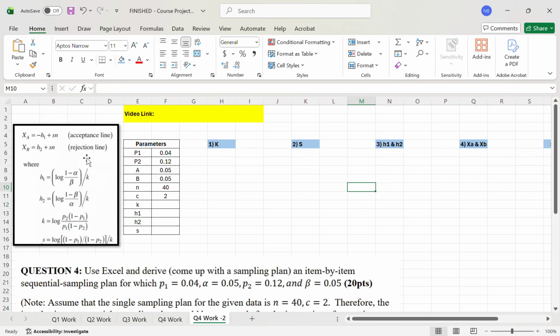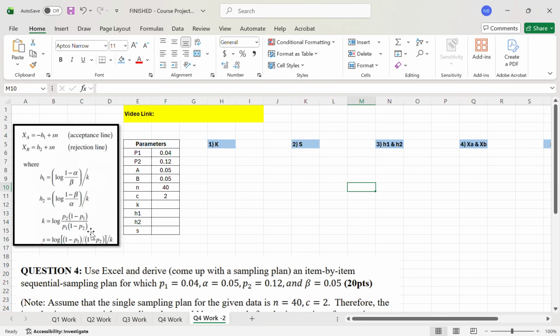Your H1 is your acceptance constant, and your H2 is your rejection constant, while S is the general slope of the data itself. Like I said, the goal is to reach this XA and XR, or XB, depending on where you find your source from. But to get there, we must first start by calculating K.